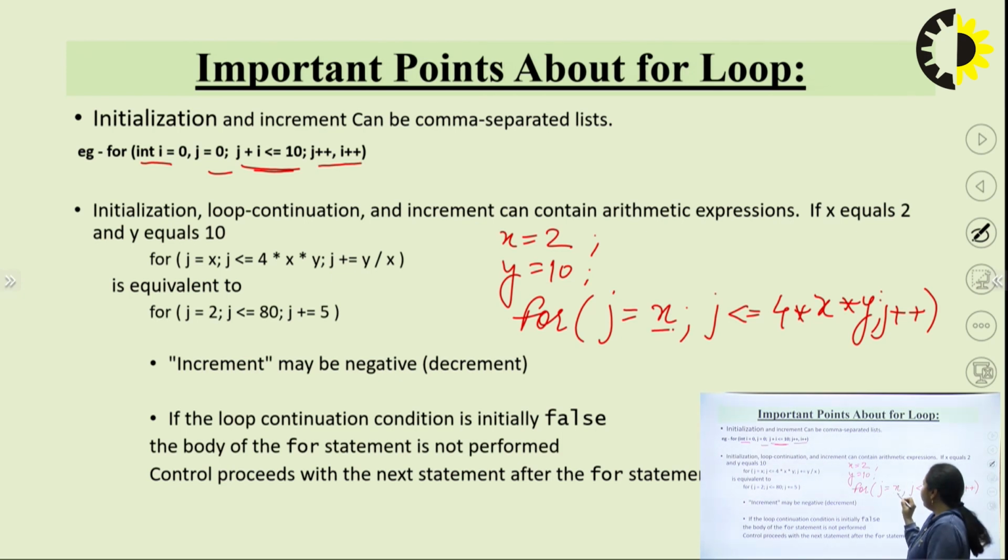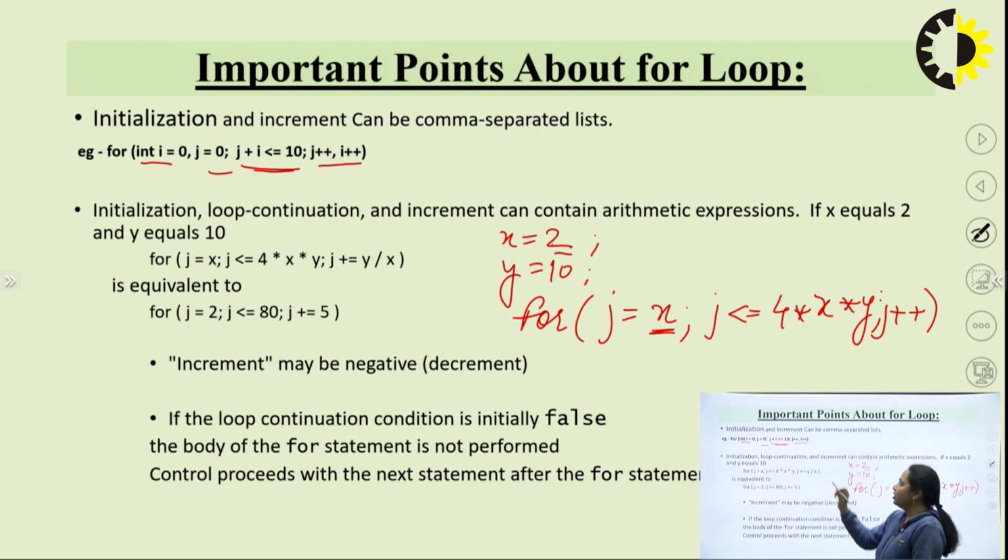So what is the value of x here? x is 2. Whenever we write expressions in the for statement like this, these variables must be initialized before. So instead of directly providing a constant term, we can also write expressions while initializing, incrementing, decrementing or providing conditions within the for statement.